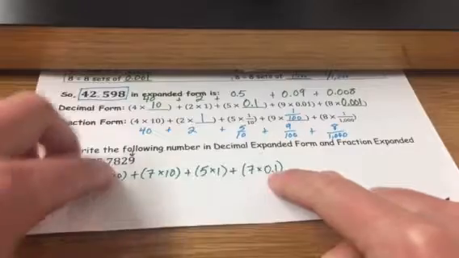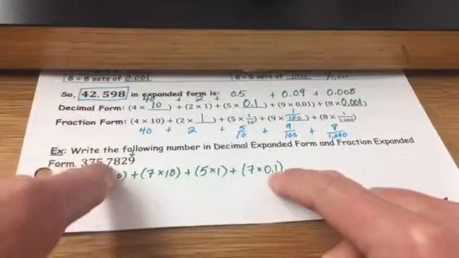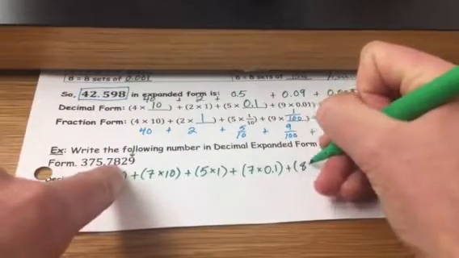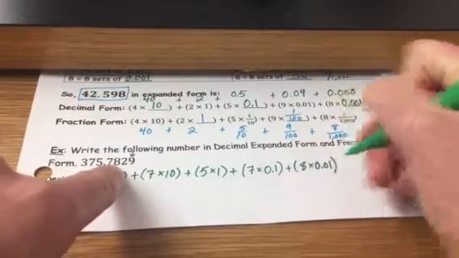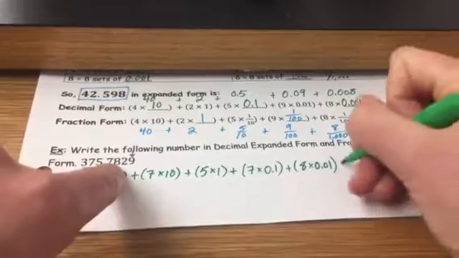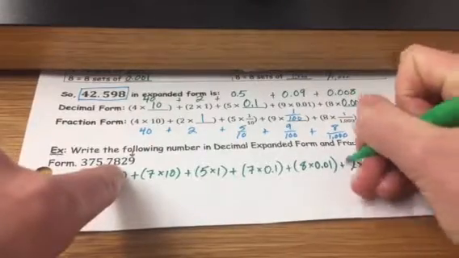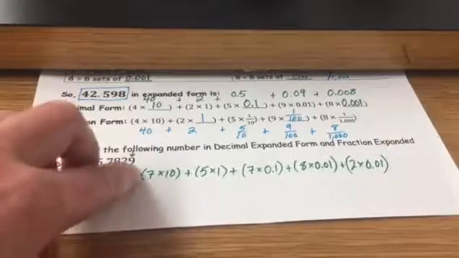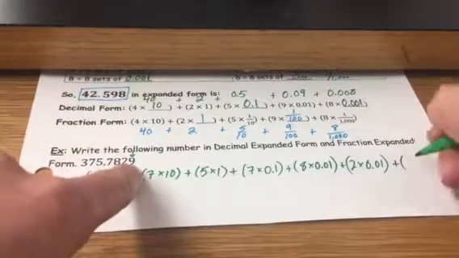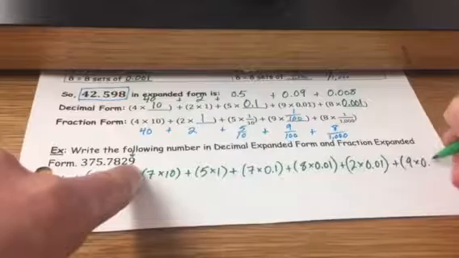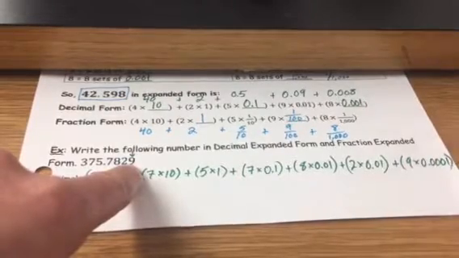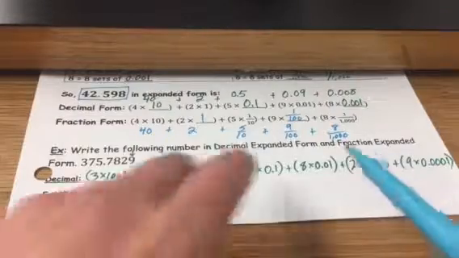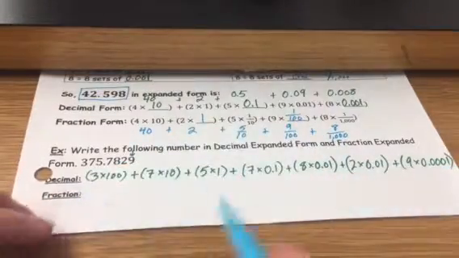Again, it's just multiplying it by the value of the place value it's sitting in. The 8 is in the hundredths, so this is 8 times 1/100th, plus 2, that's in the thousandths place value, plus 9, that's in the 10,000ths place value.